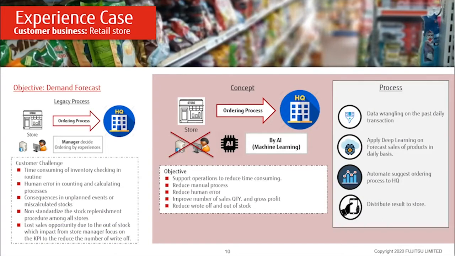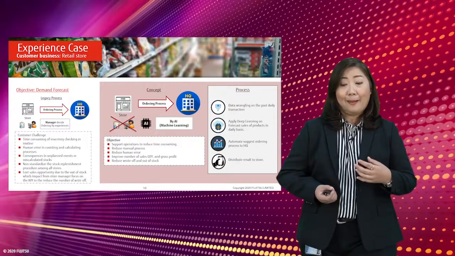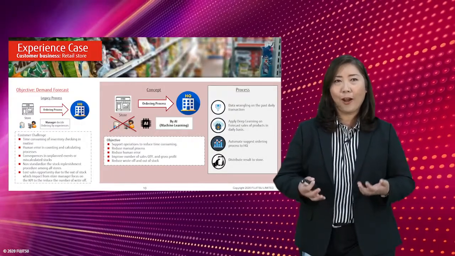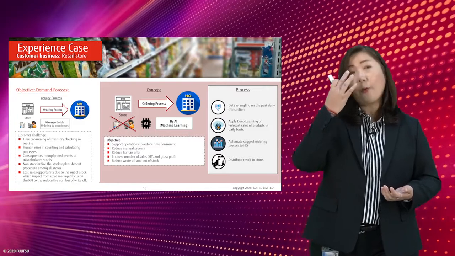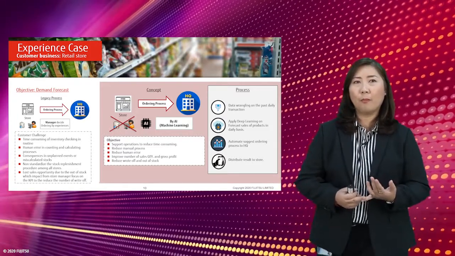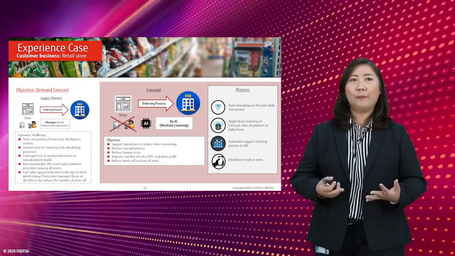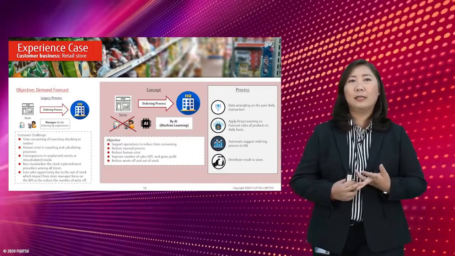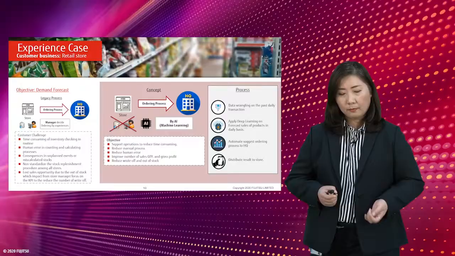For illustration, time consuming of the routine operation process, non-standardized manual process from the individual store managers. And I think you can imagine what happened. For example, human error from checking stock inventory, ordering process, and every single step of the manual processes.